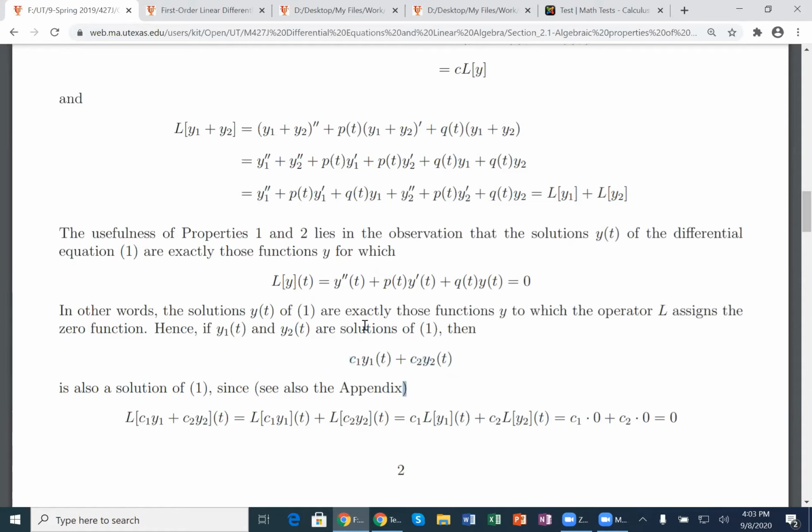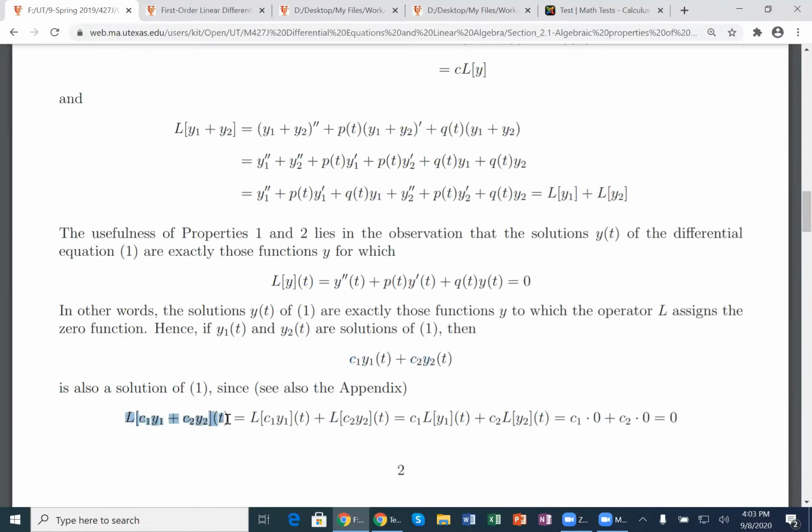Solution means you replace y here, here, and here by this. You take the derivatives, you simplify, and you get 0. So let us replace y everywhere by this expression. Note that since we denote the whole thing by L of y, if we replace y here, here, and here by this, we have to replace y here by the same expression.